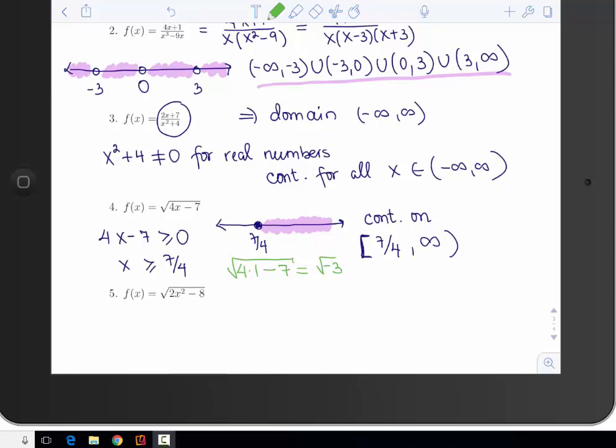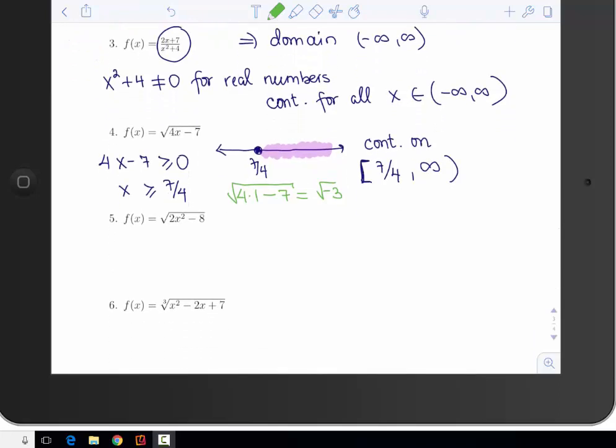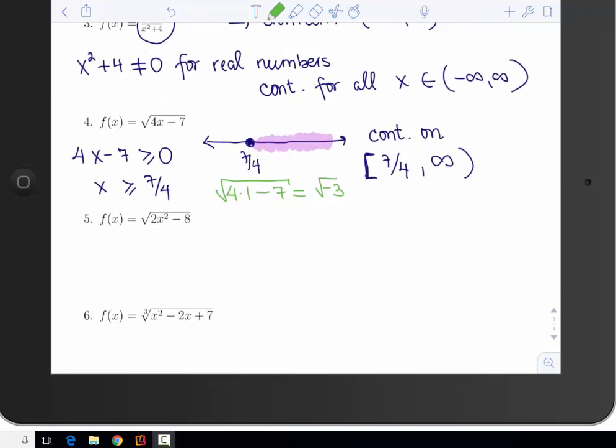All right, next function, we have a radical expression with a quadratic expression under the radical. Okay, let's see how we deal with these. Still, this is a square root. We need everything to be greater than or equal to 0.